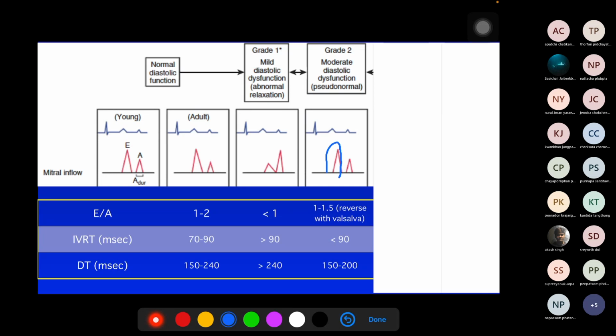That's why the E wave velocity is increased again in grade 2. So the EA ratio in grade 2 is about 1 to 1.5, and the IVRT is shortened again, less than 90, and DT is about 150 to 200.